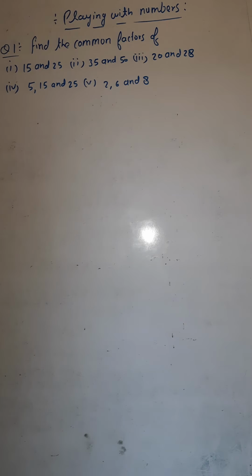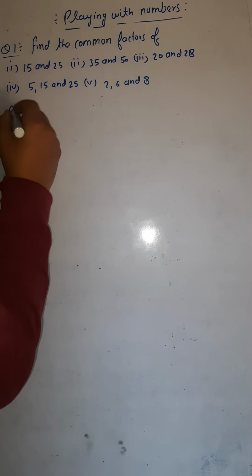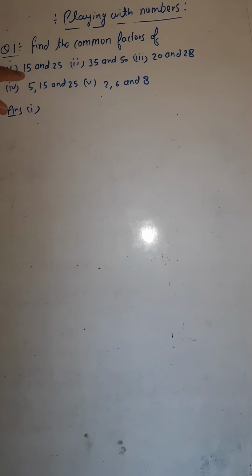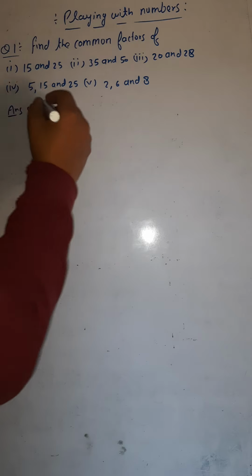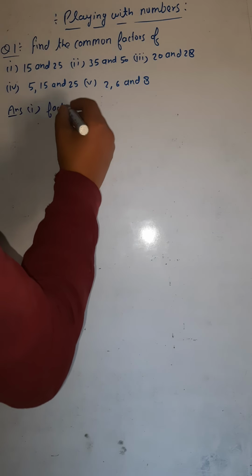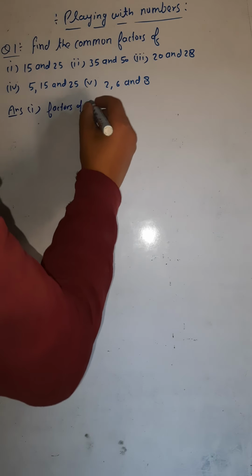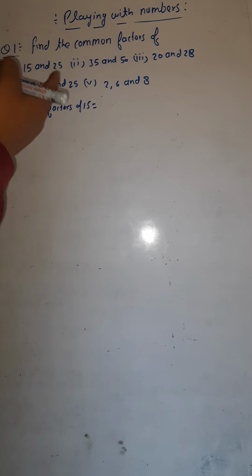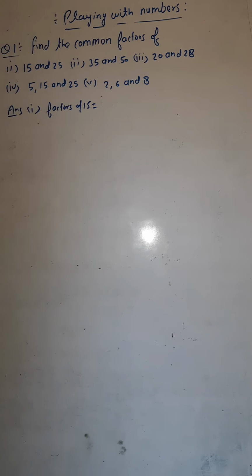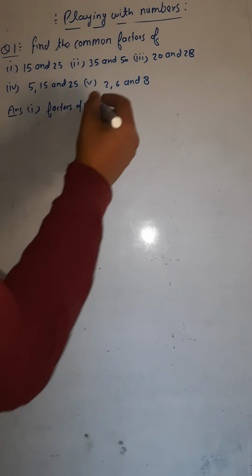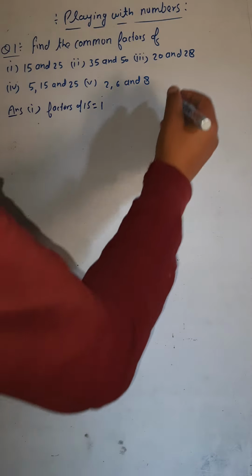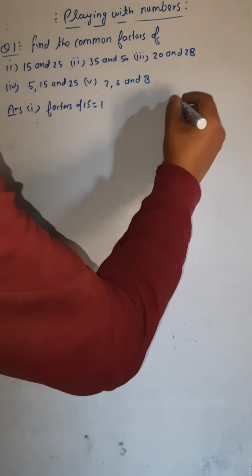So let's do the first question first. At first you would find out the factors of 15. Can you tell me the factors of 15, means the numbers which divide 15? Yes, 15 is divisible by 1, 15 times.